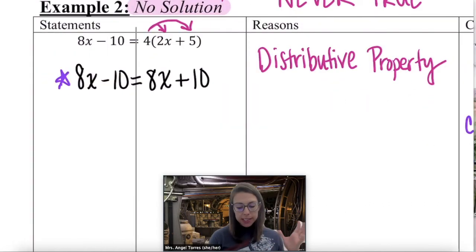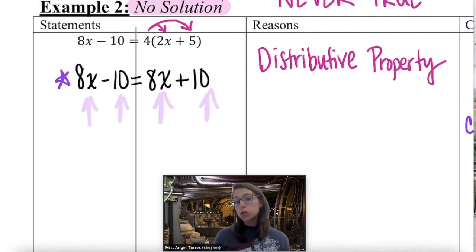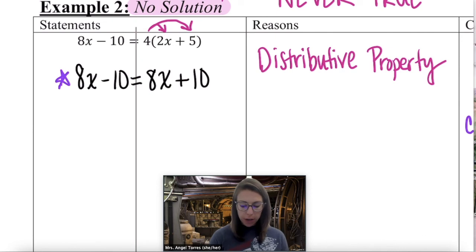So again, I'm noticing that I have two terms here on the left and two terms on the right. So I have to choose one to make 0, and I always like making 0 out of the variable term, so that's where I'm going to start. My variable terms are an 8x on the left and an 8x on the right. How do I make a 0 out of 8x?